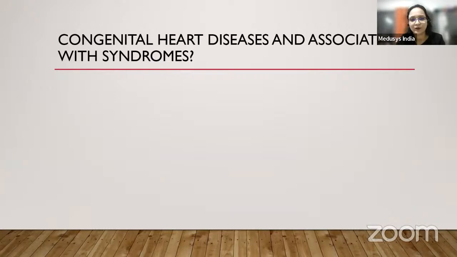This is a memorizable question: what are the associations of congenital heart diseases with syndromes? Do you know them? Down syndrome is associated with atrioventricular septal defects and tetralogy of Fallot, and Turner syndrome is associated with coarctation of aorta.